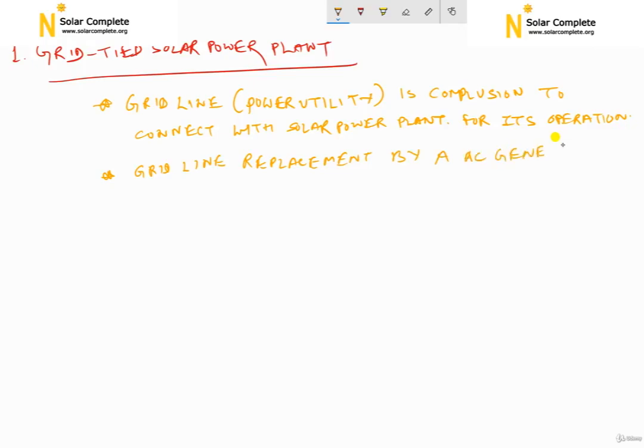Let's talk about the reasons why we connect the power utility line, the reasons for grid or generator connection.